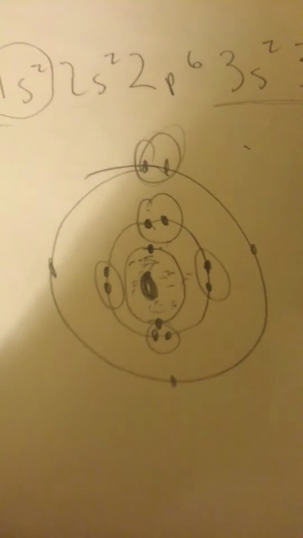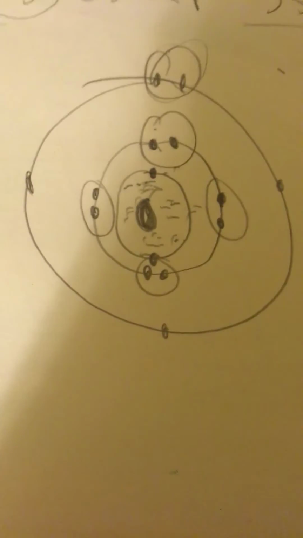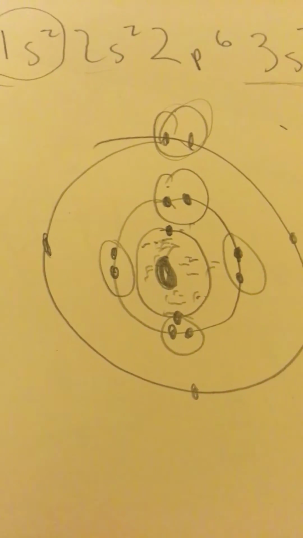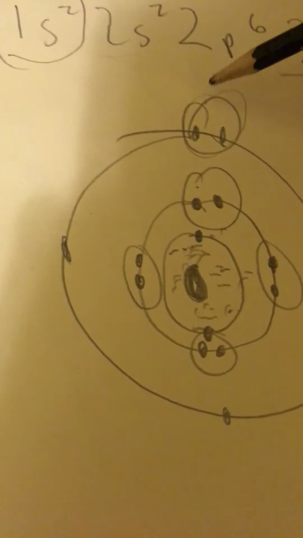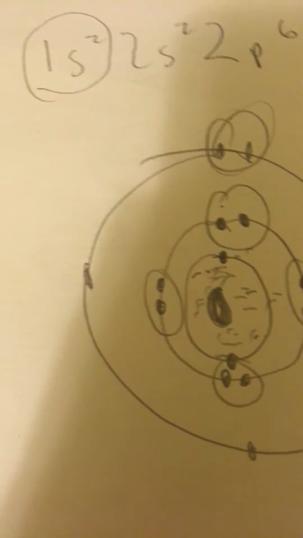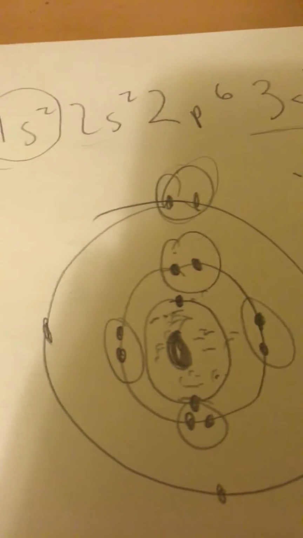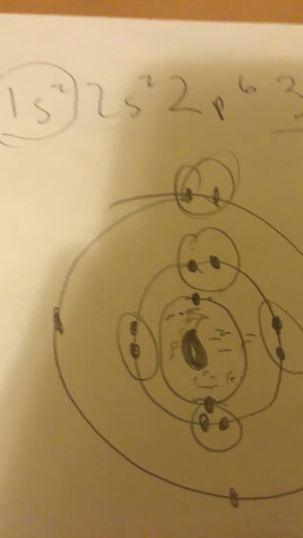And since we've used up all those electrons, we stay at this level. We do not need to go up another level because we've completed this valence shell with all of its electrons.